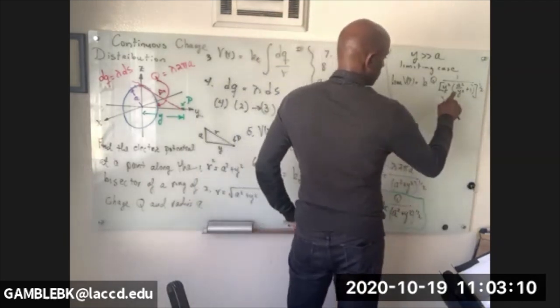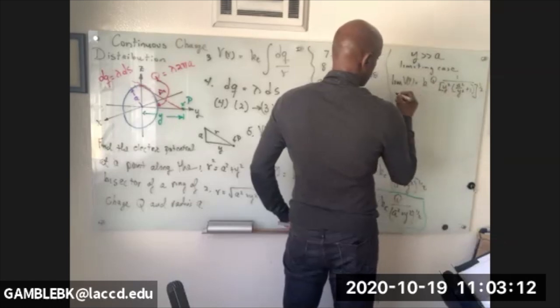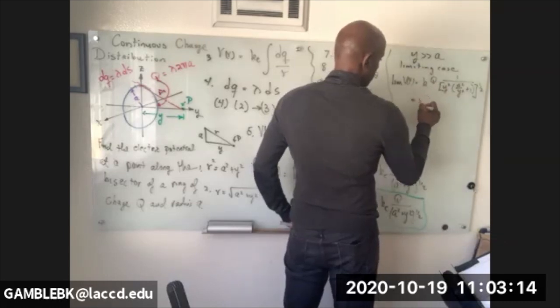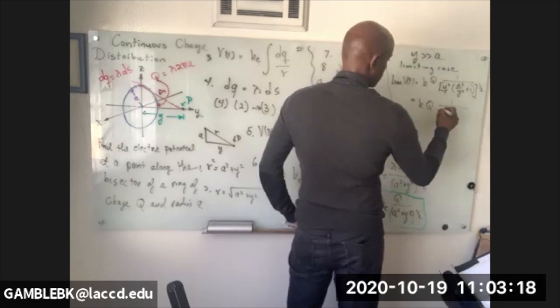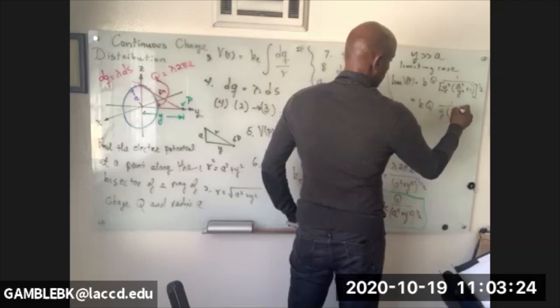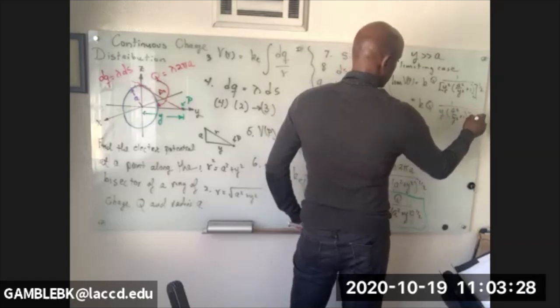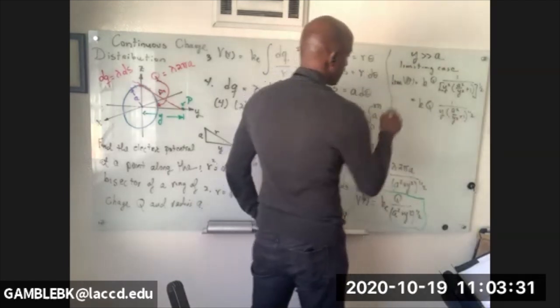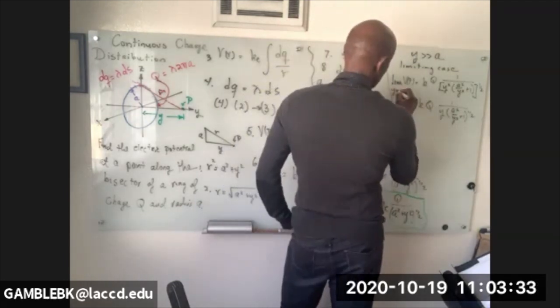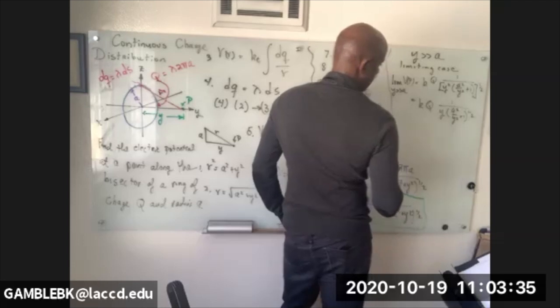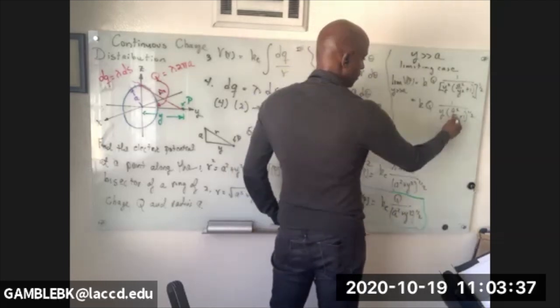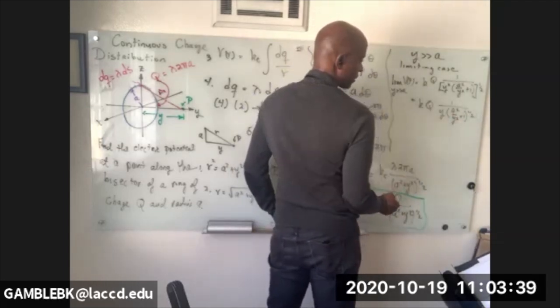Now, when I take a y out, I'm going to get k, q, and then I'll have a y times a squared over y squared plus 1 to the 1/2. In the limit as y gets much, much larger than a, this term should go to 0 before y even gets to infinity, really.